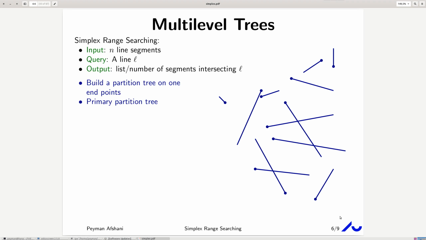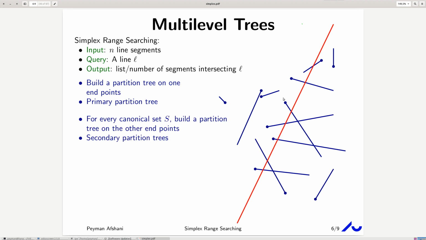The way it works is as follows. Pick one endpoint of every segment. Let's say the left endpoint or right endpoint, it doesn't matter. Pick one endpoint from every line segment. Now I have a set of points. I can put them in a partition tree such that given any query line, I could represent the set of points in one half plane using a disjoint union of roughly square root n canonical sets.